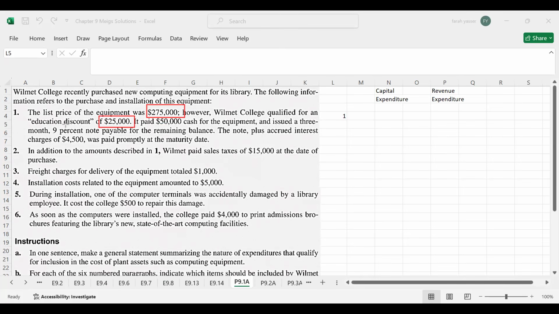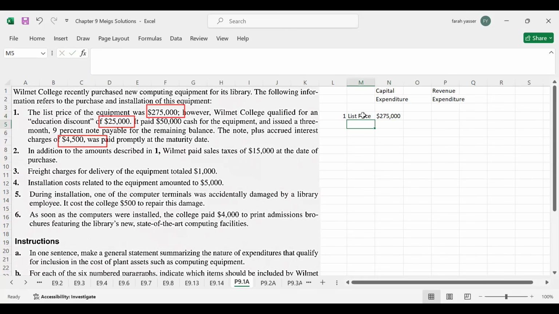This note plus accrued interest charge was paid promptly at the maturity date. Maturity date means after 3 months. So first of all, we have a list price of the equipment is 2,75,000.